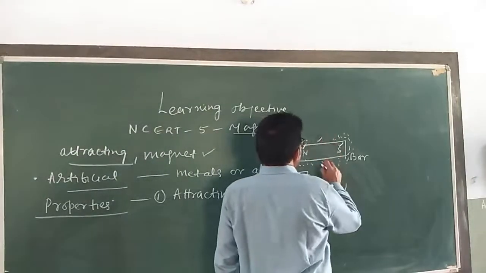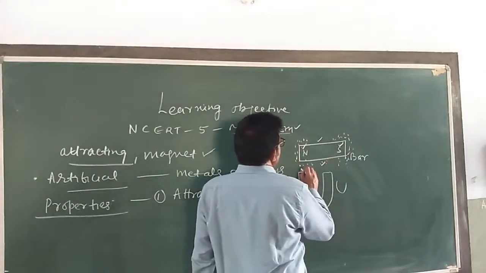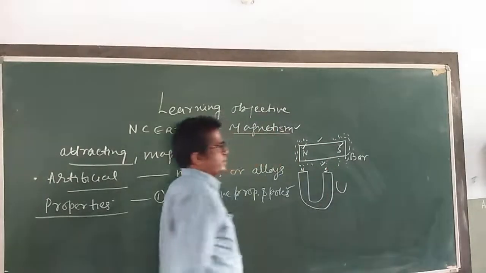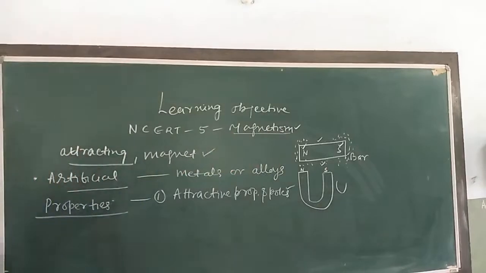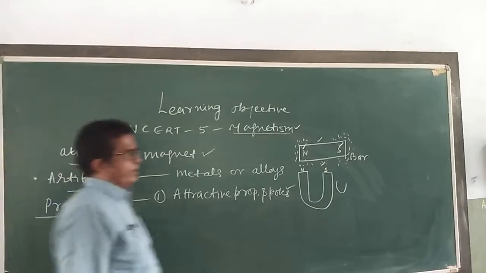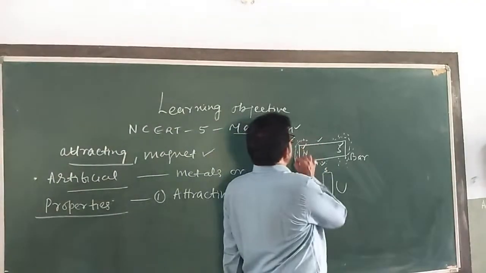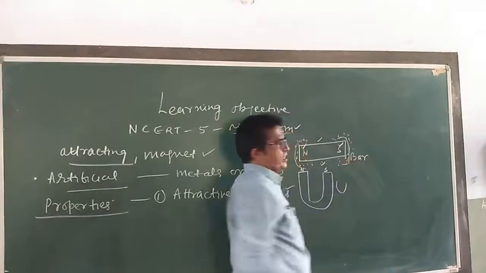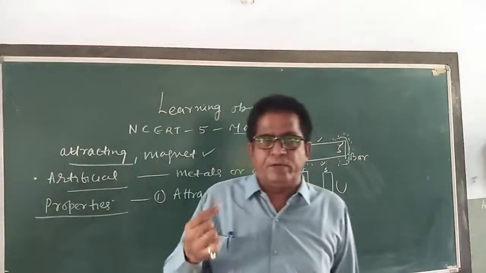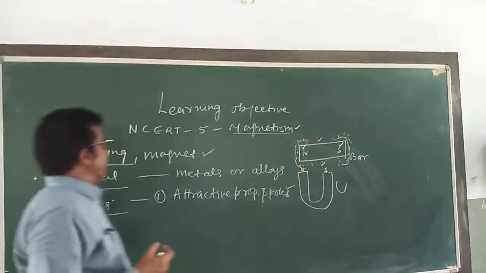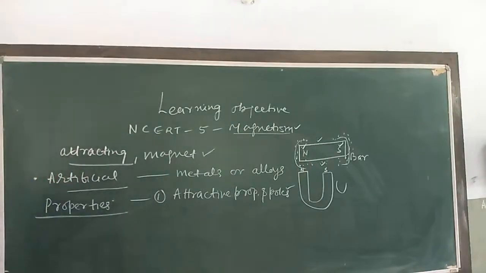Minimum at the center, maximum here. Minimum at the center, the places in a magnet where the attracting power is maximum, this place where the attracting power is maximum, my children, that is called poles.